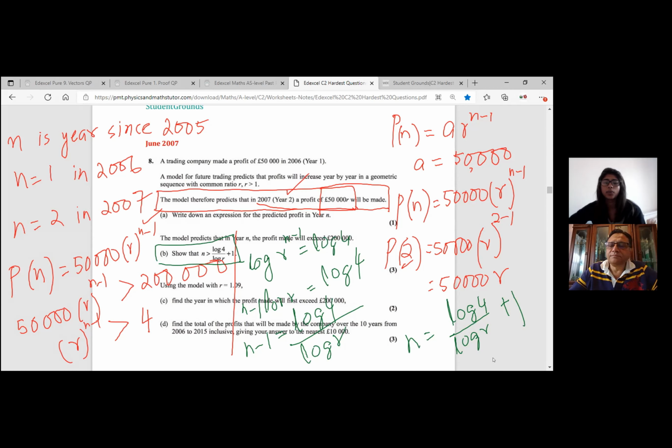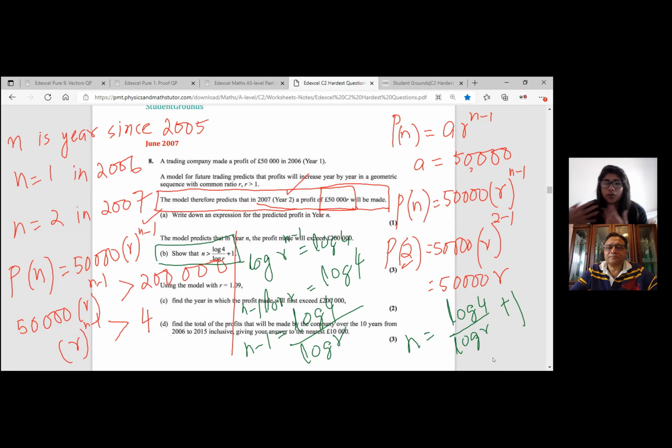So first we read what the statement said, and it's saying that the profit will exceed 200,000. Usually my exam board has a lot of these words like exceeding, and the use of inequalities. So all we did was make our equation from part A greater than 200,000, and we're trying to get n as the subject.